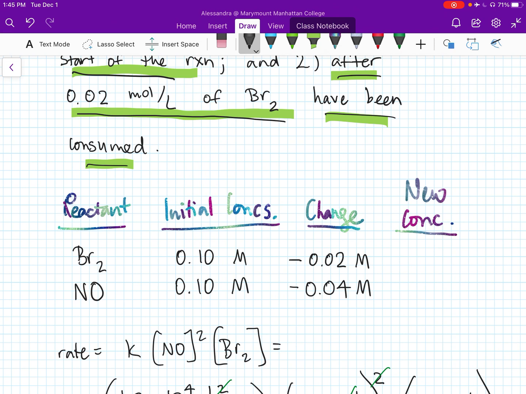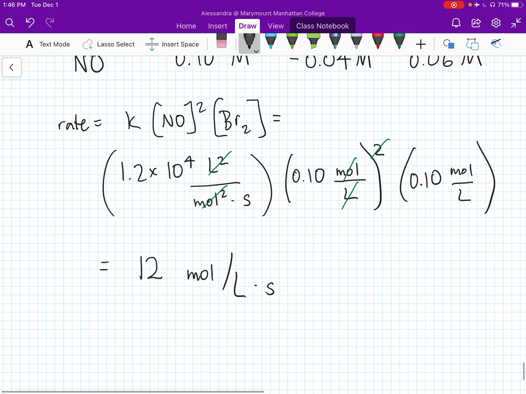So the new concentrations are going to be 0.1 minus 0.02, so that's 0.08 molar for bromine and 0.06 molar for NO, because there are 2 NOs for every mole of Br2 that gets consumed. So now I have new data to plug into the rate equation.